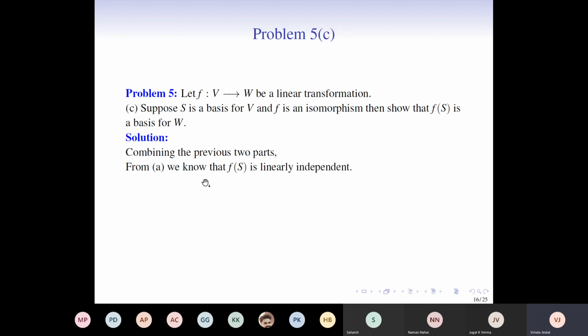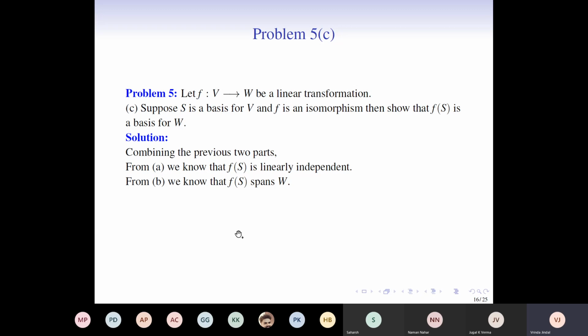So combining the previous two parts, we know that since s is a basis of V, s is a linearly independent set, and since f is an injective function, f of s is also linearly independent. And what did problem B say?